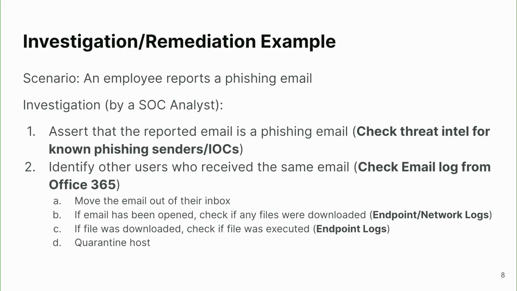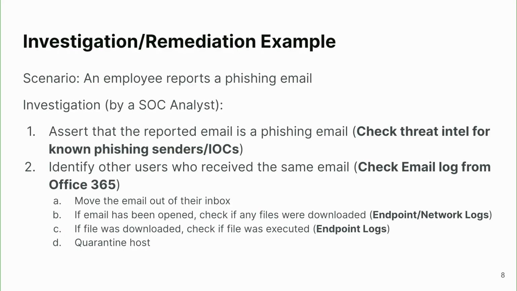If the email was opened by the user, how do you know that? You know that because it's a phishing email, it probably made an outgoing connection to download some malicious payload. You know that from either your endpoint logs or your network logs. And if a file or an attachment was downloaded, then if that file was executed, that is another signal, or one more step in the attack process that you need to now address.